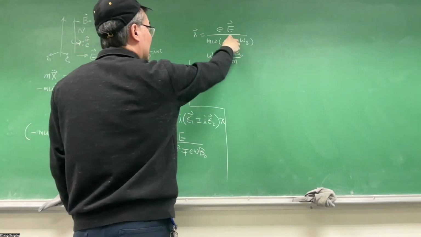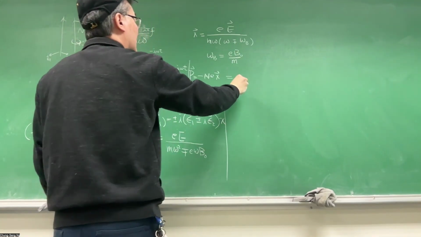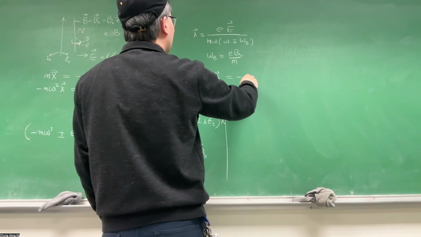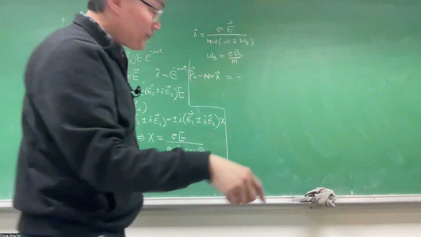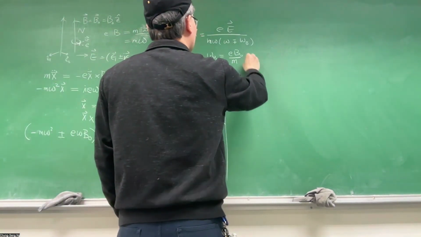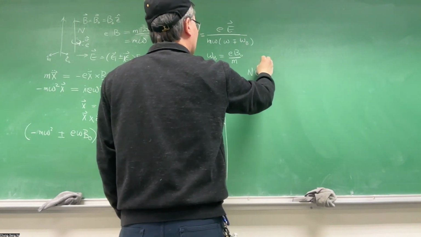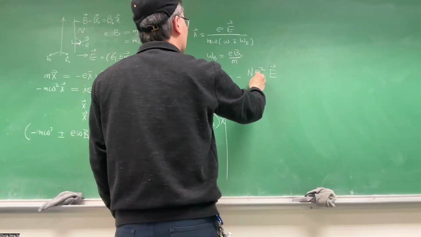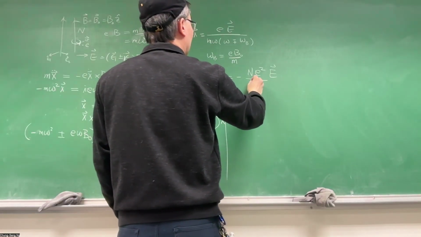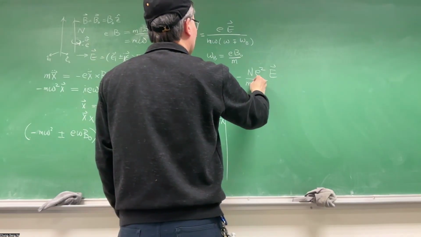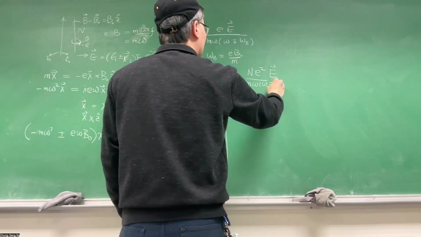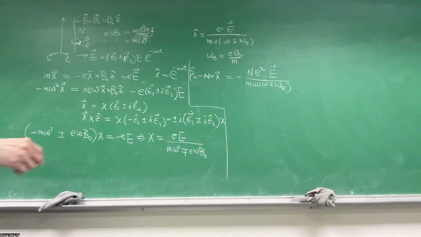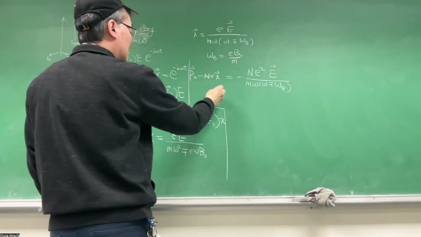And so we substitute this into here, so it's minus E is minus N, and then you have extra E, the E squared, and then E, divided by M omega minus plus omega sub B. Okay, then you derive the epsilon.